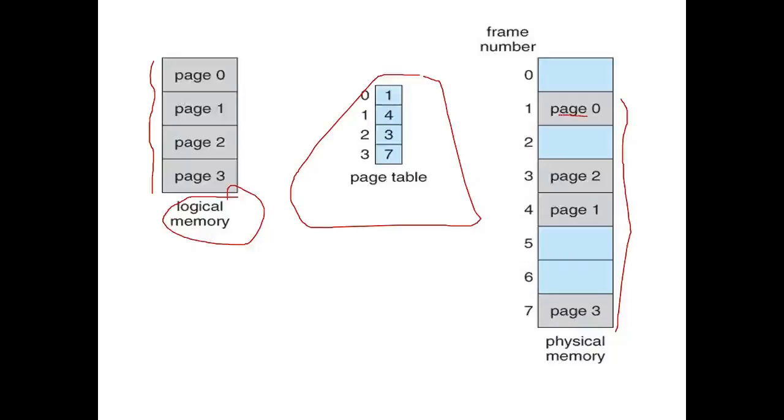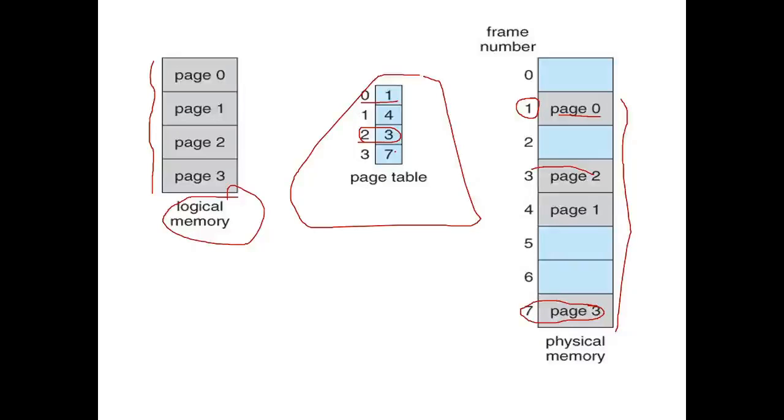You can see here page 0 is placed in frame number 1. This information will be here. In frame number 1, which page is there? Page 0 is present in frame number 1, and page 2 is present in frame number 3. Similarly, page 3 is in frame number 7.